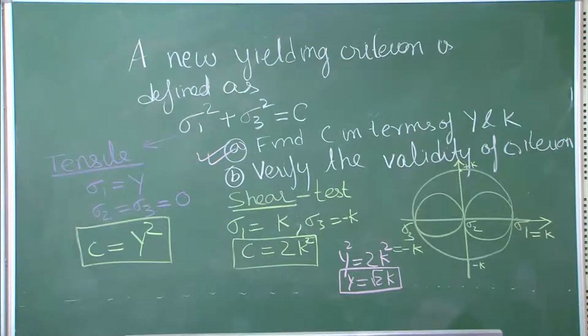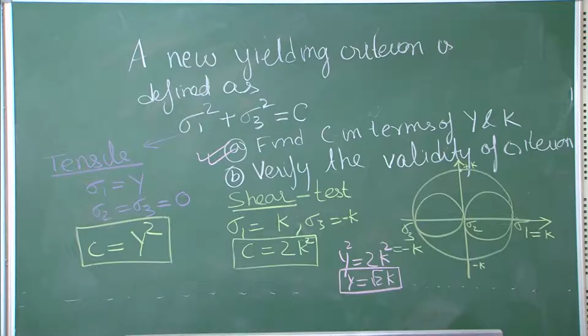Now comes the second part, which is a little bit more involved, but still very straightforward. You have to verify the validity of the criterion. You remember one of the assumptions when we talk about the yield criterion is that the mean stress should not influence yielding.